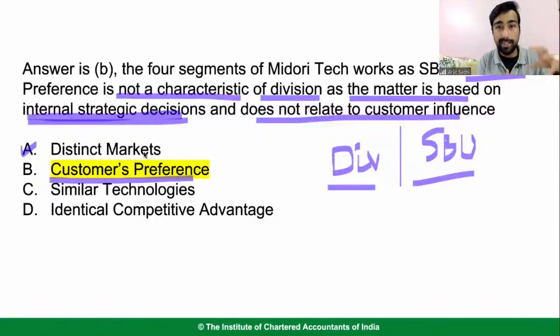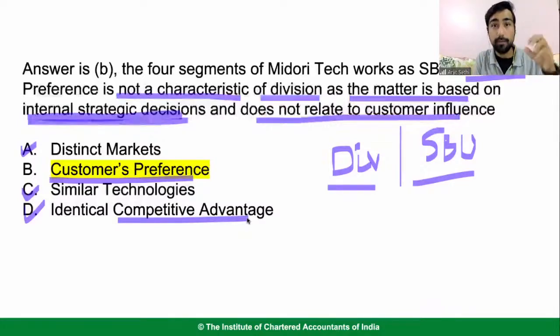The technologies are similar. I can club my businesses into that. Identical competitive advantage. What is competitive advantage? Core competencies is the competitive advantage we get. So if you have a core competency which is common to 2-3 businesses, you club them together. You can do that.